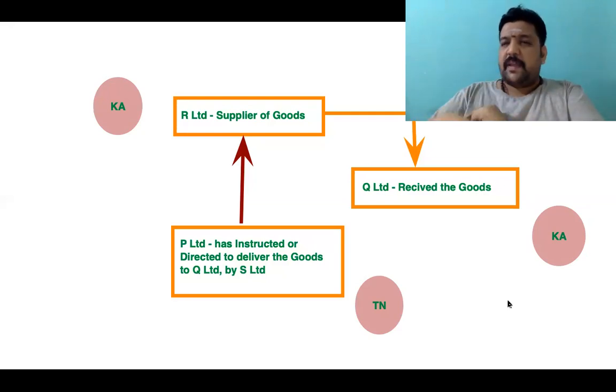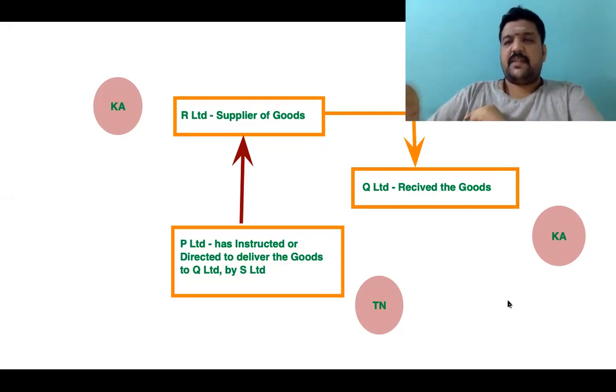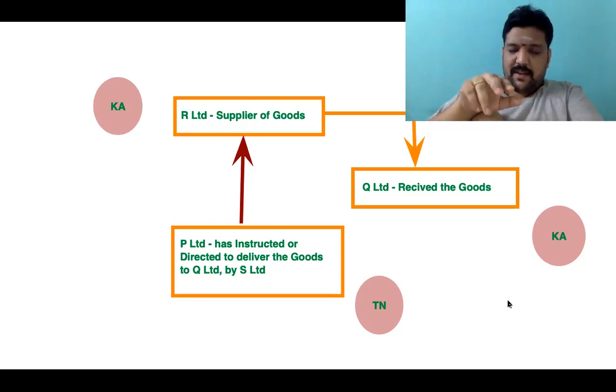The principal place of business of P Limited would be deemed to be the place of supply. It would be deemed that the goods are received by P Limited, and the principal place of business of P Limited would become the place of supply.